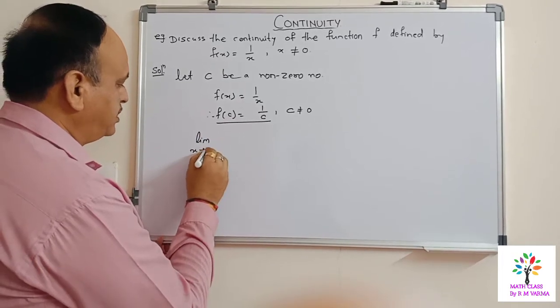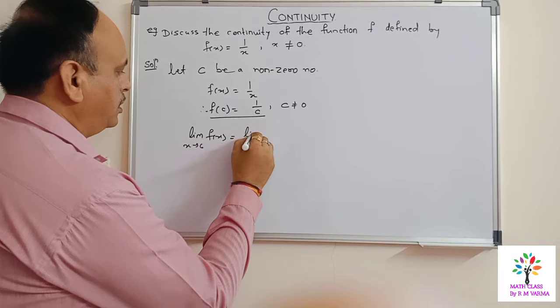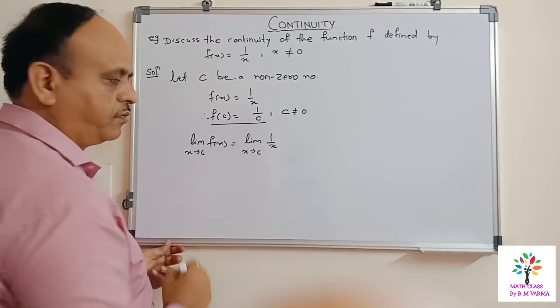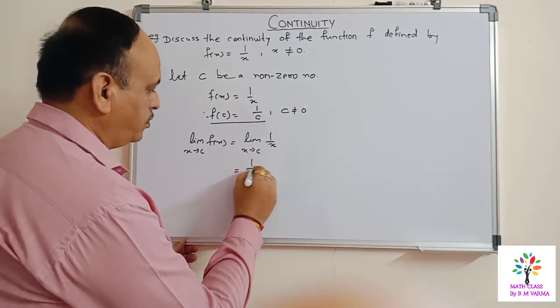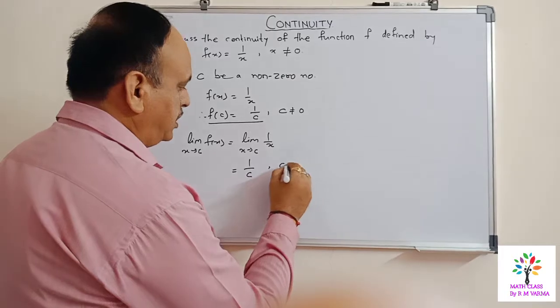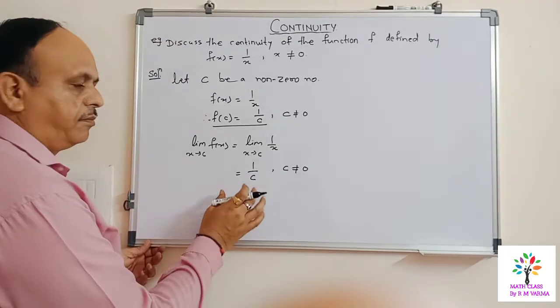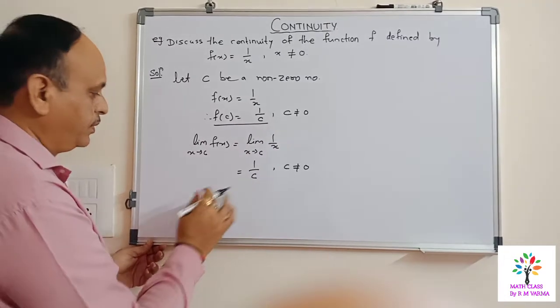Limit x tends to c, f(x) equals limit x tends to c, 1/x. Now replacing the value, I get 1/c. Here again, c is not 0. Therefore, the value of the function and the limit are the same.